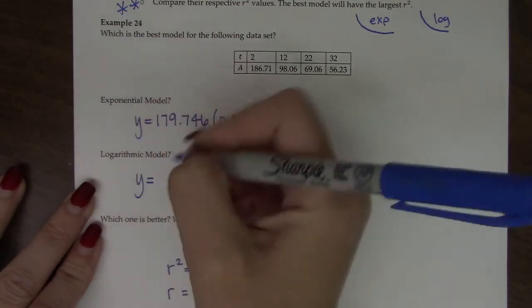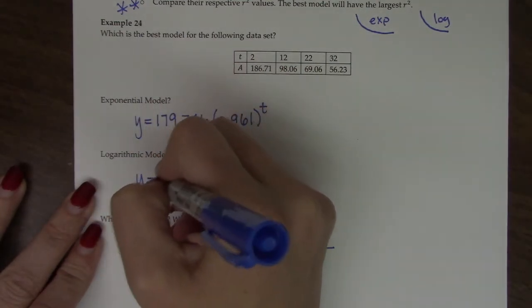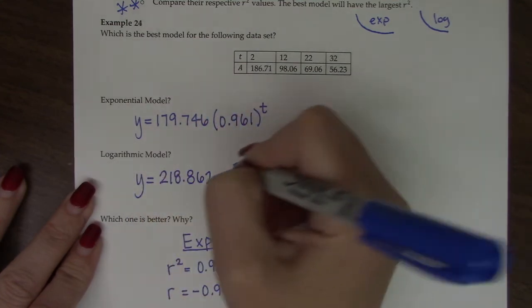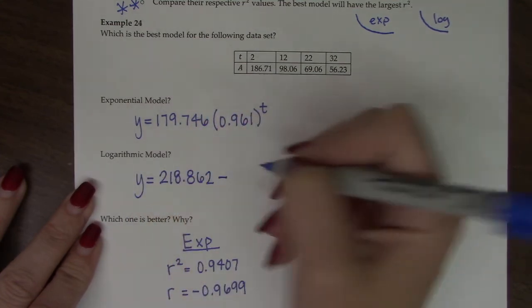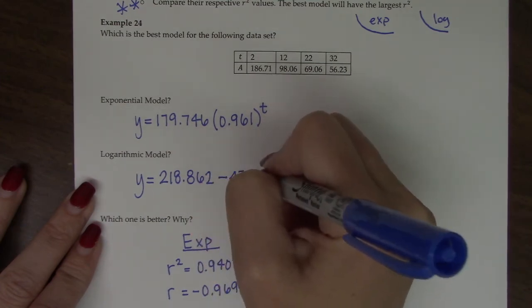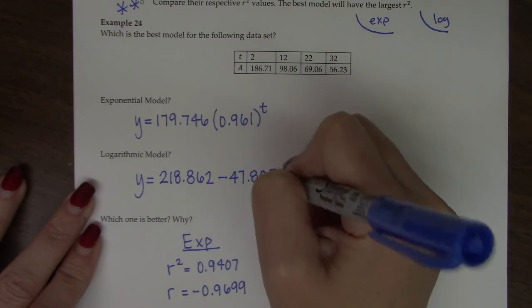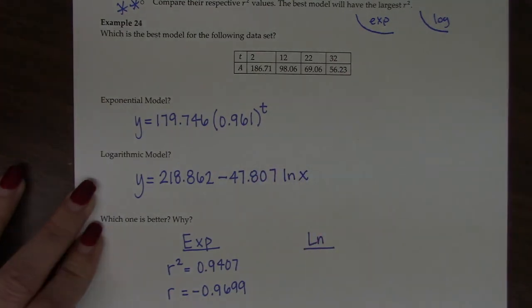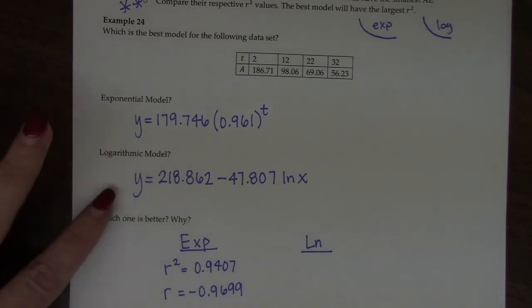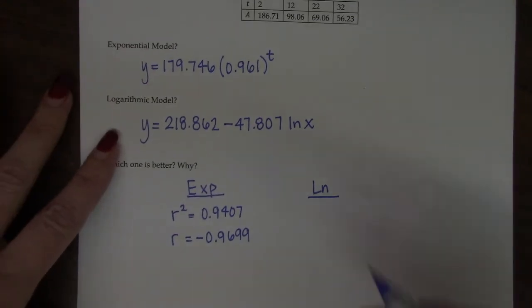So y equals, our a value is 218.862. Our b value is negative, so we're going to subtract 47.807 times the natural log of x. So you cannot tell which model's better by just looking at the models themselves. We have to compare these r values.